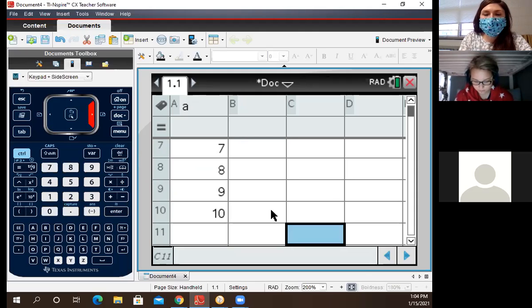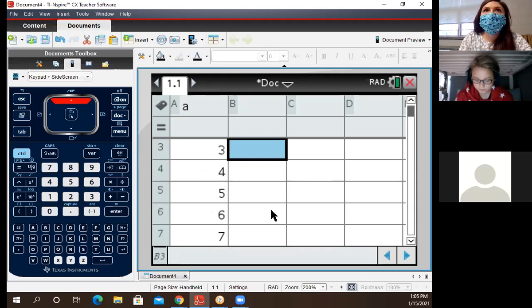I typed in all my information. And then this is just my personal preference. I like to arrow over so my highlighted box is in that next column over. You don't have to, but that's my personal preference.